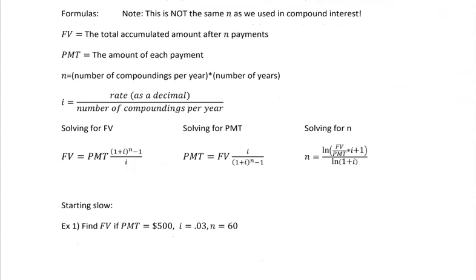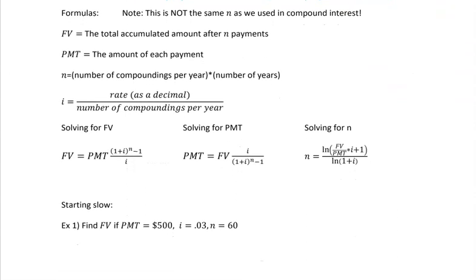All right, so formulas. One big note for these formulas is this is not going to be the same N that we used in compound interest. The N has a different meaning here. So we have FV, which stands for future value, which is that total accumulated amount after a certain number of payments. PMT is the amount of each payment.